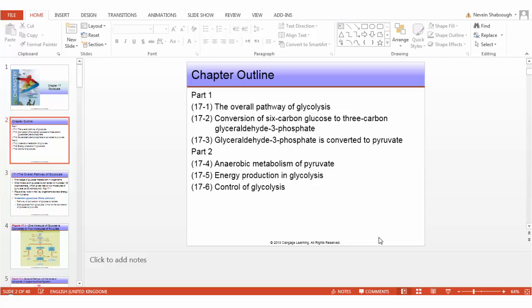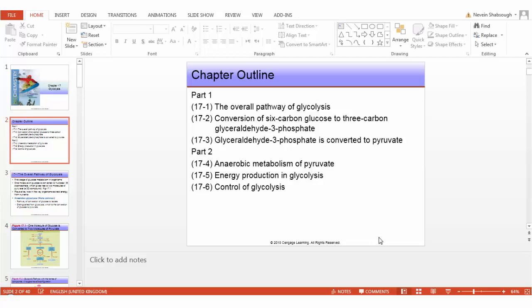Chapter outline. In part 1 we will talk about the overall pathway of glycolysis and the conversion of 6-carbon glucose to 3-carbon glyceraldehyde phosphate, and then glyceraldehyde phosphate is converted to pyruvate. Why glycolysis?